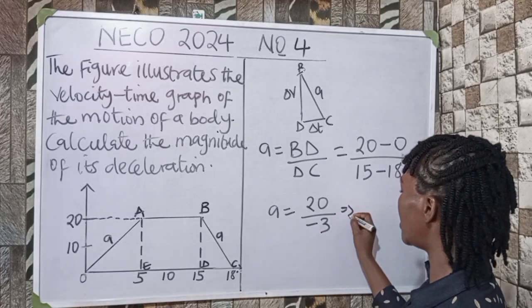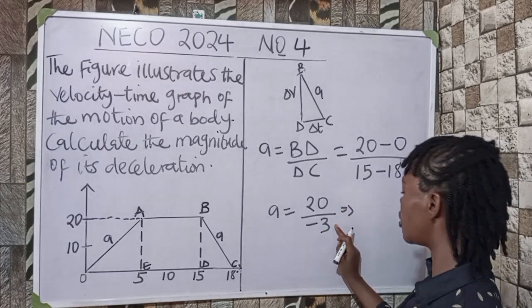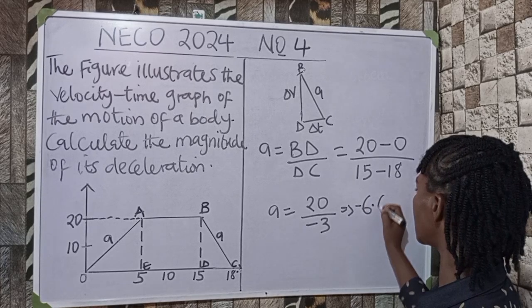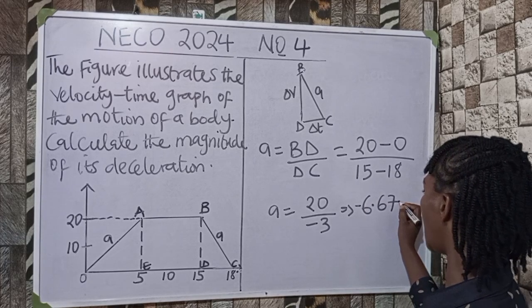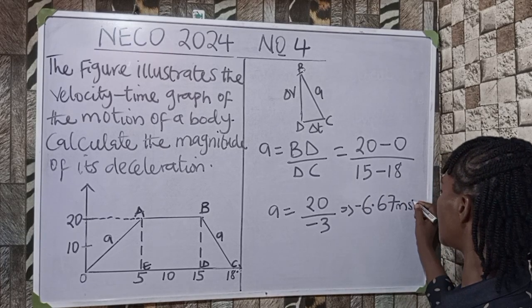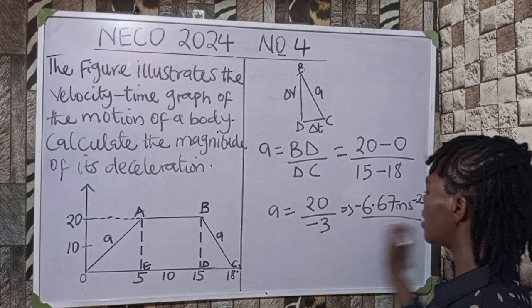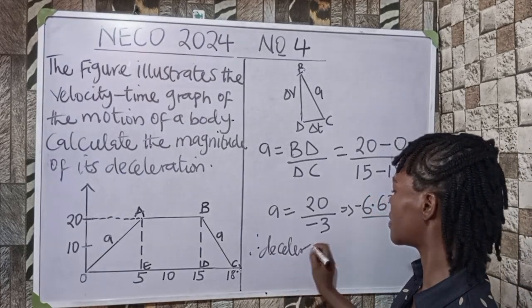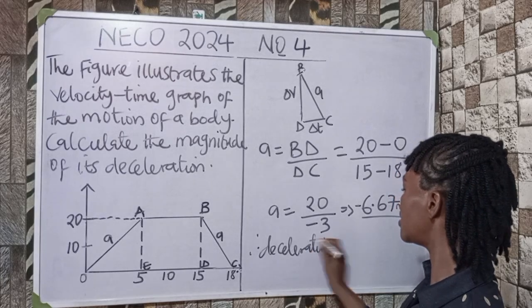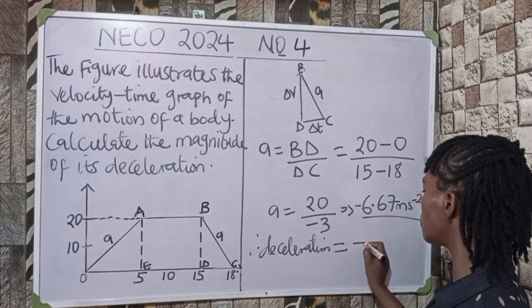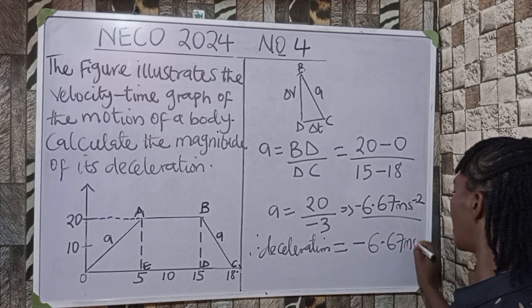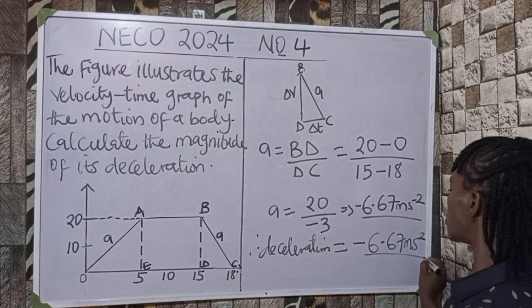So I'm going to divide. 20 divided by 3 is going to give me minus 6.67 approximately meters per second squared. So therefore, the deceleration of the body is equal to minus 6.67 meters per second squared.